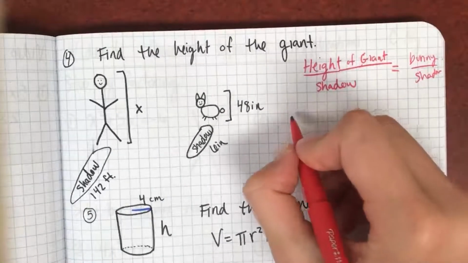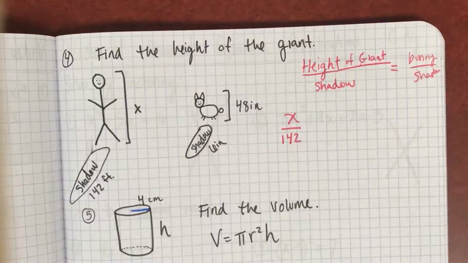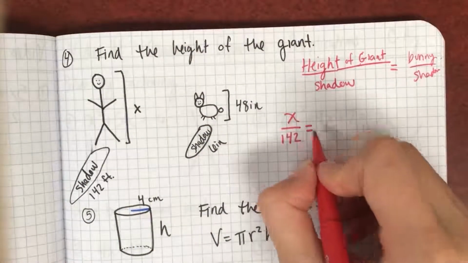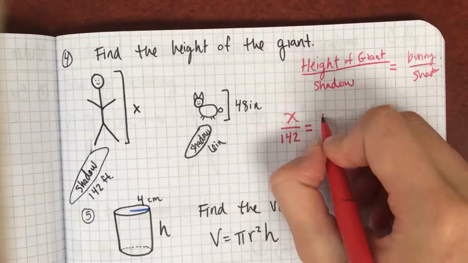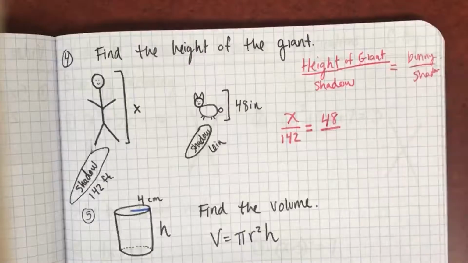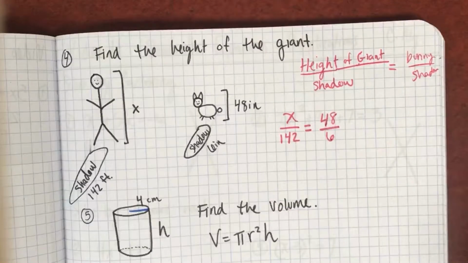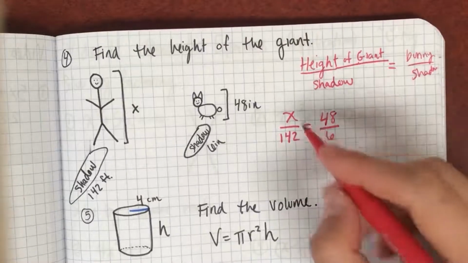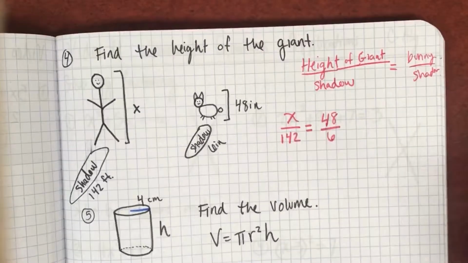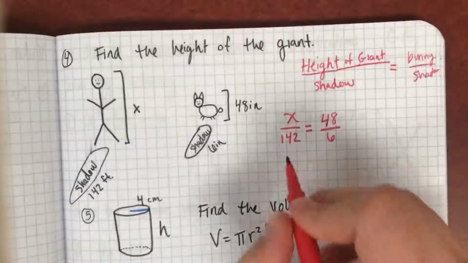So let's see, we don't know the height of our giant. We do know its shadow. And the height of the bunny is 48 inches. That's a pretty big bunny. Maybe it's a giant bunny. And its shadow is 6 inches. So we can use cross multiplication. Remember, you can do that when fractions equal each other.